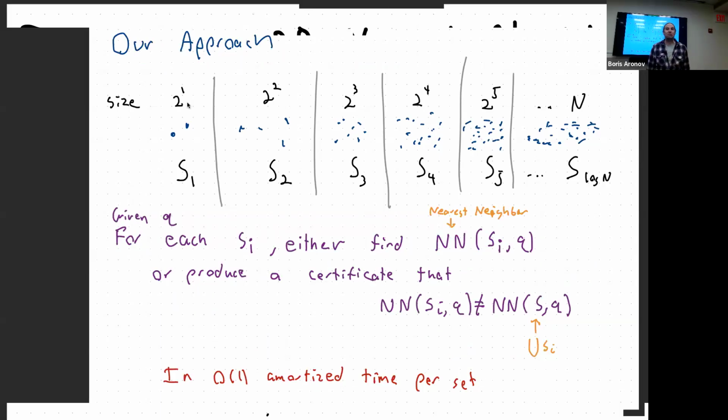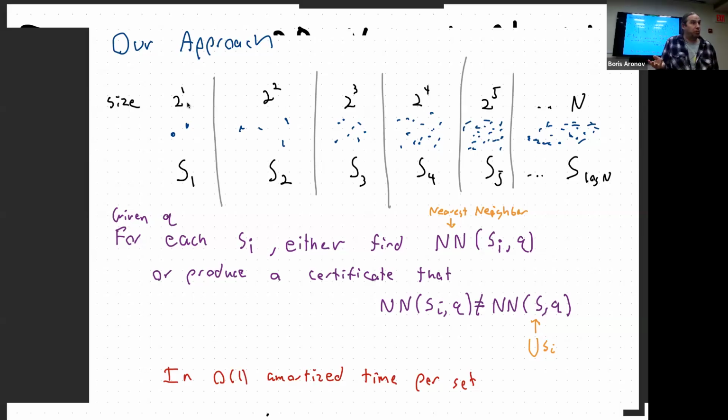Instead, we cheat. Given a query point, in each set we either find the closest point, or we produce a certificate that whoever is closest to the query point there is not the globally closest point. In other words, I don't actually need the closest point in each of these sets.